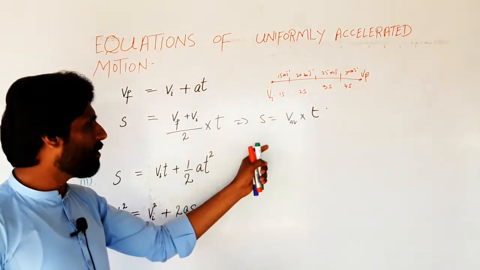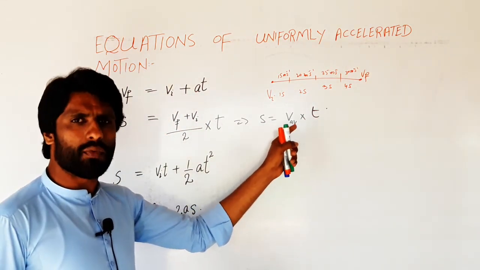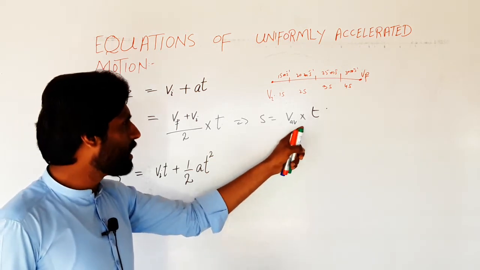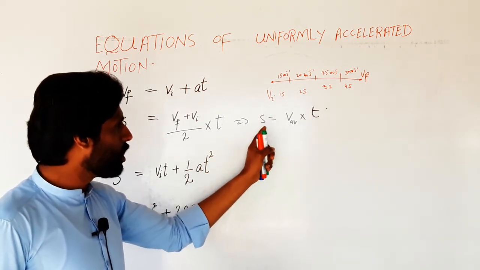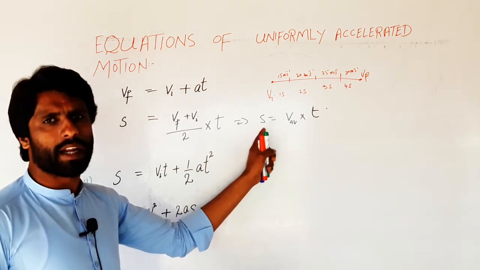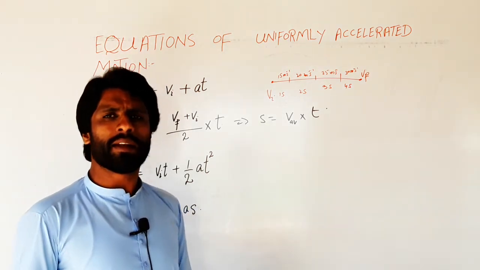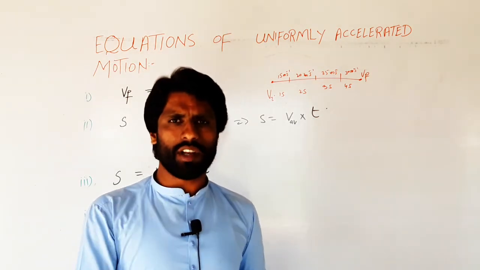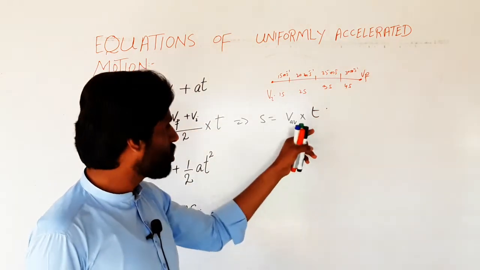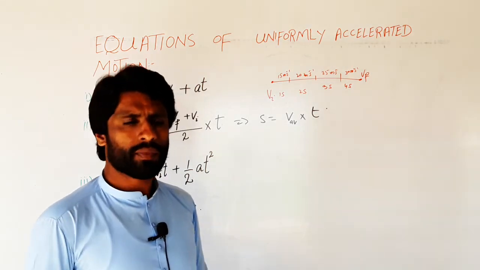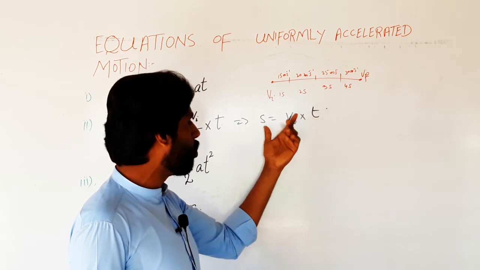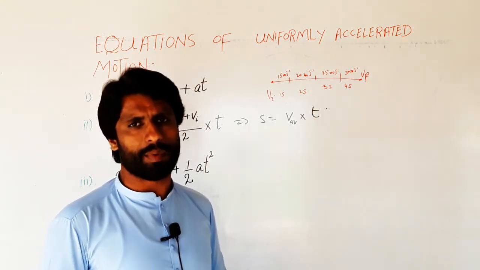We find the average of the initial and final velocities, the average between two velocities, multiplied by time. This is equal to the distance covered by an object. It means when we know the average velocity and the required time, we multiply these two terms and we find out the distance covered by an object.